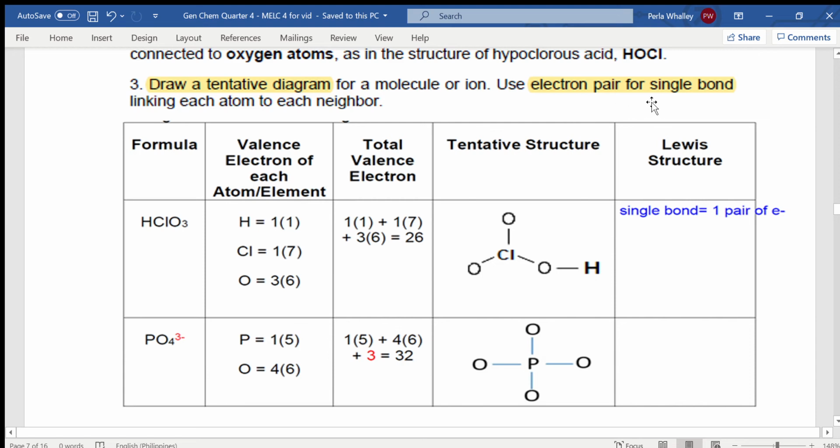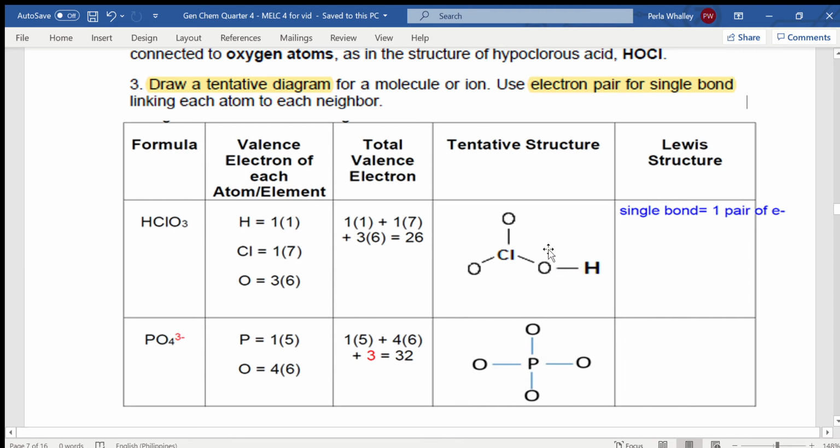Draw a tentative diagram for a molecule or ion. Use an electron pair for a single bond linking each atom to its neighbor. A single bond is equal to one pair of electrons. So we have Cl as our central atom, and then we attach the 3 oxygens by a single bond, and we attach the hydrogen to oxygen with a single bond.